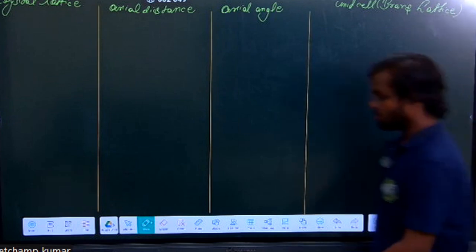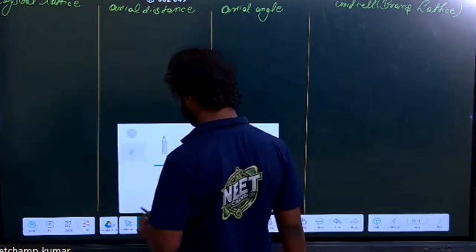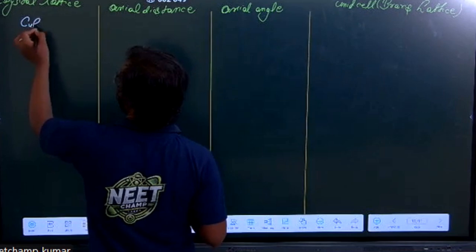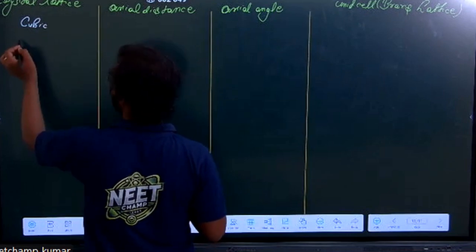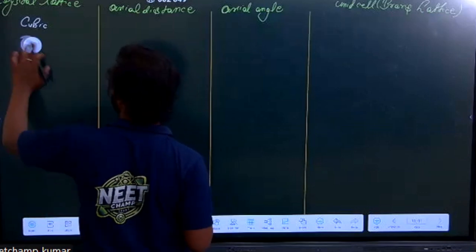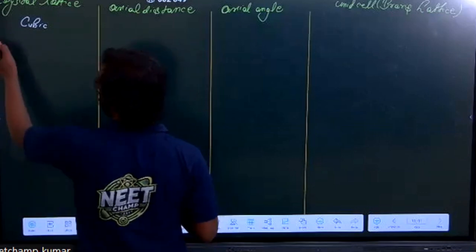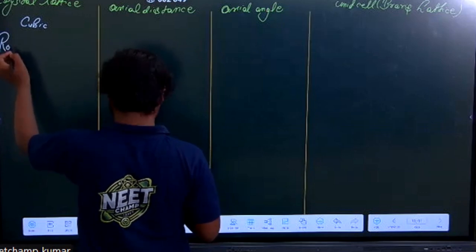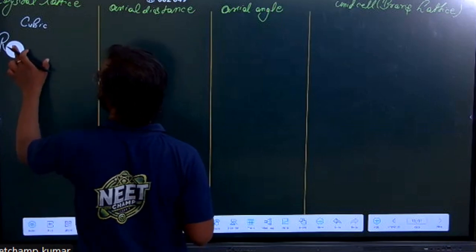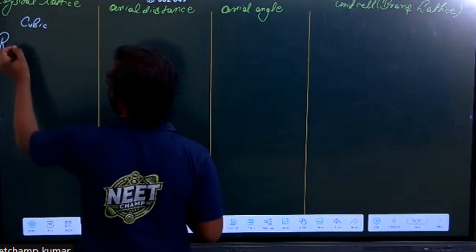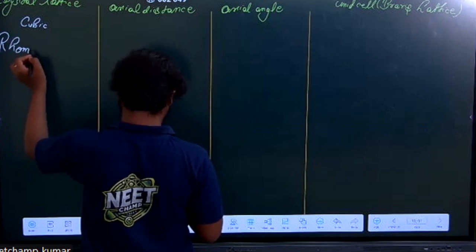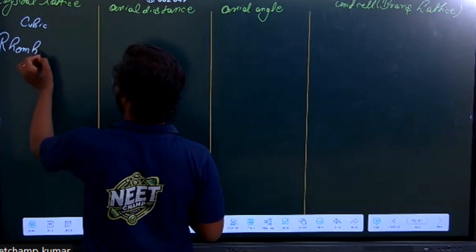So what are the different types of crystal lattice we have? I'm writing the names. First is cubic. Second is rhombohedral.